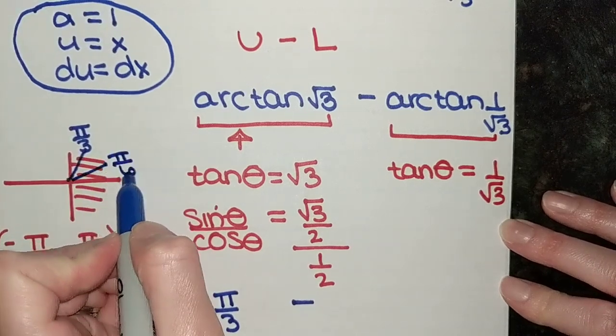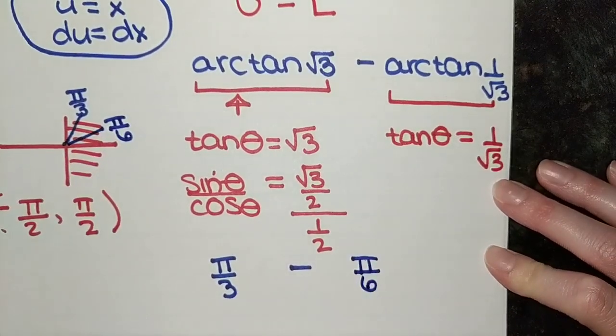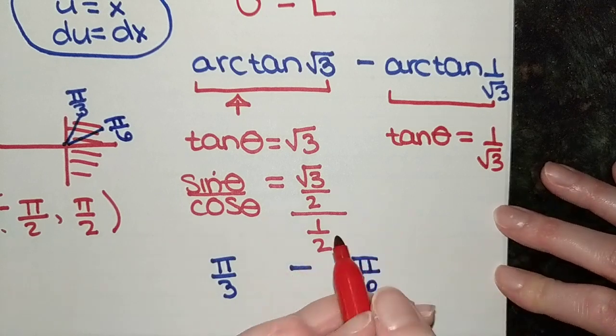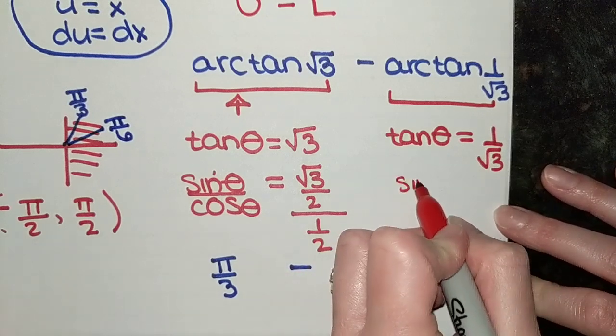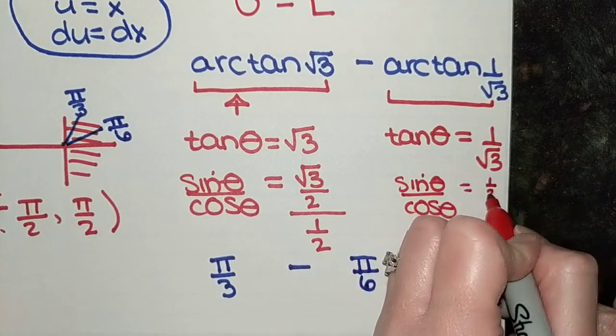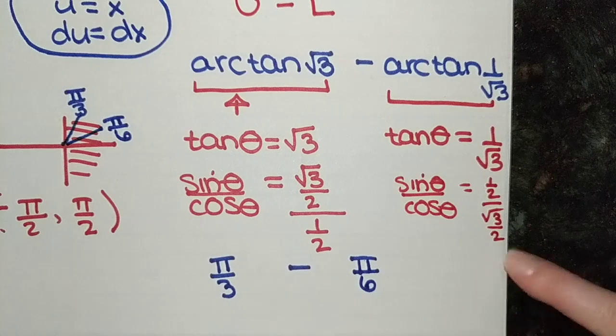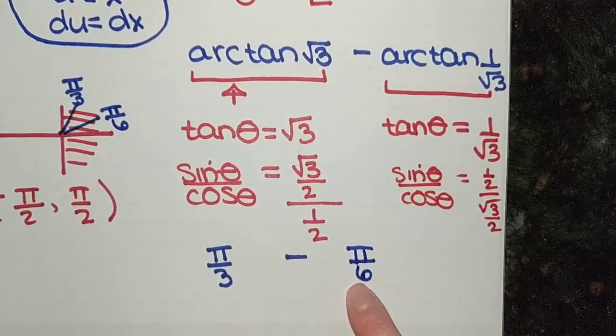That's going to be your pi over 6 angle. So you'll have minus pi over 6. And you can see that quickly if you think about this, again, as sine theta over cosine theta, where your sine is 1 over 2, and then your cosine would be the square root of 3 over 2. And that would reference the pi over 6 angle.